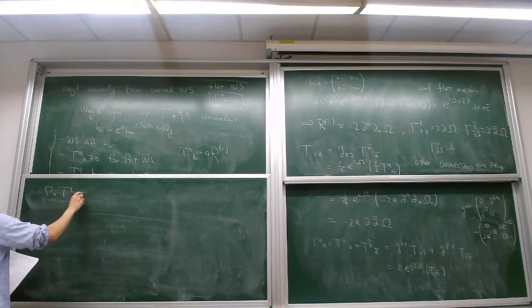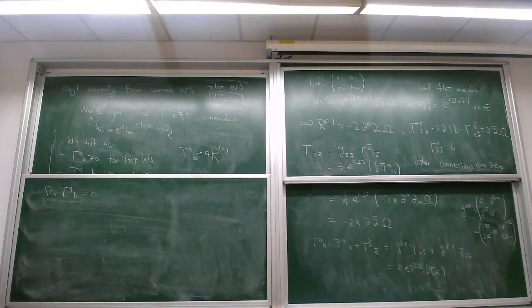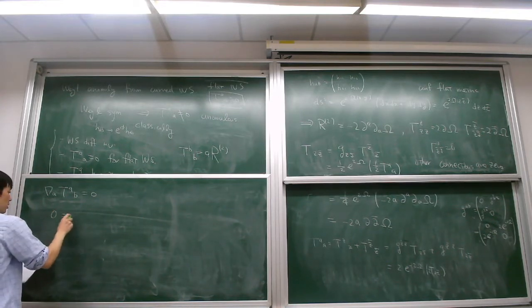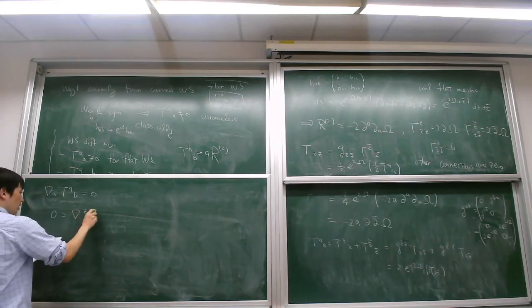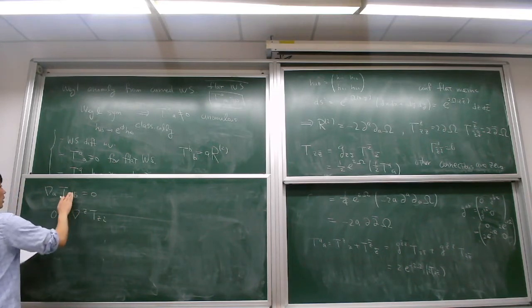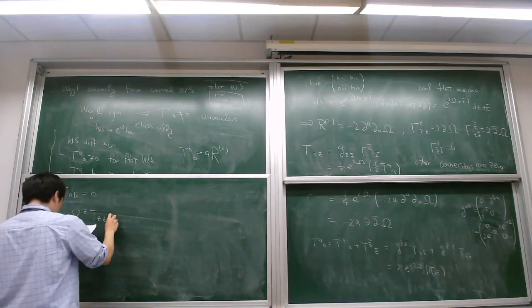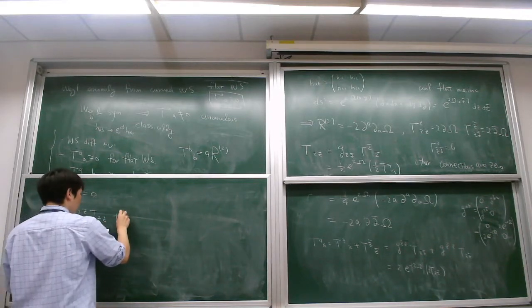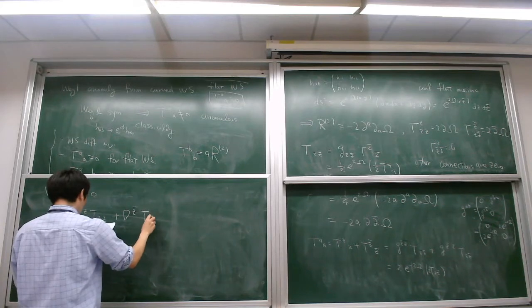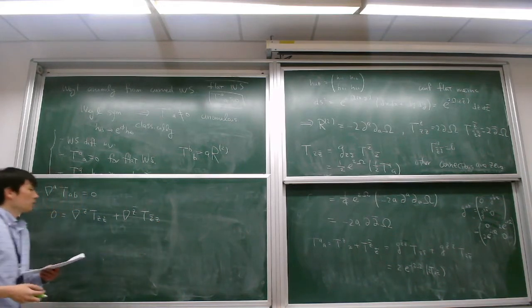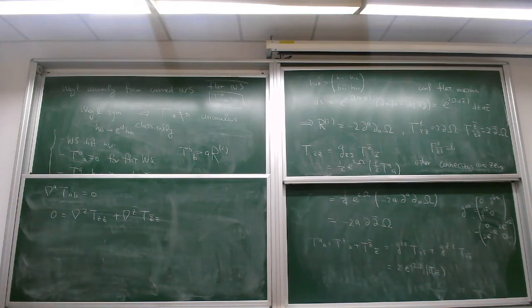This can be written in complex coordinates as 0 equals delta_z T_cc. Now maybe I should write down A, B and A in complex coordinates. So this is the conservation of the energy momentum tensor.